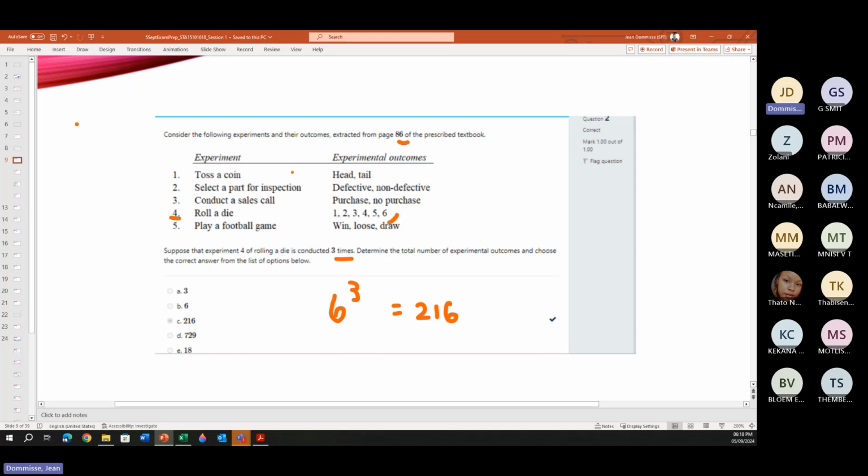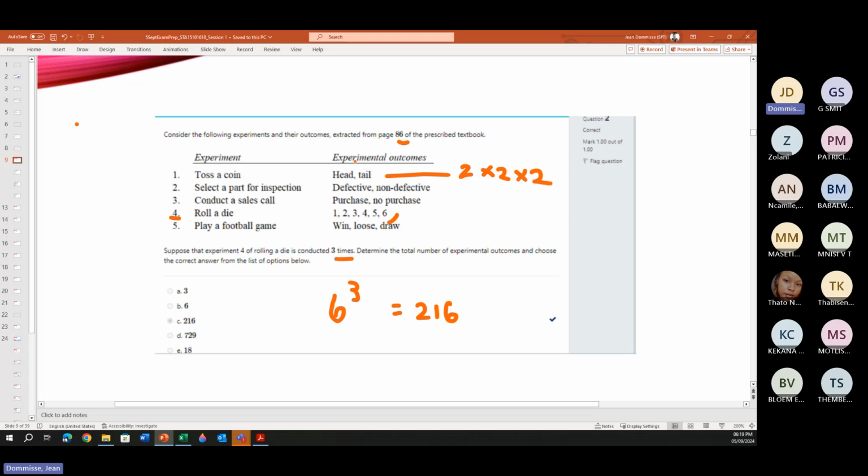If you looked at, let's see, a toss of a coin, which was heads or tails, you would have said heads or tails times heads or tails times heads or tails.